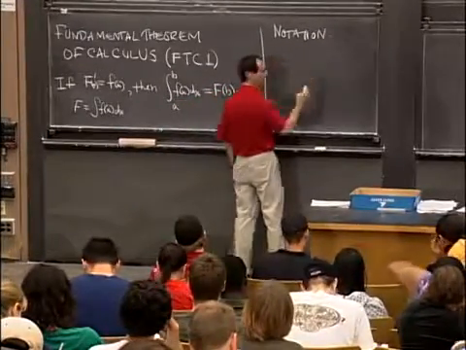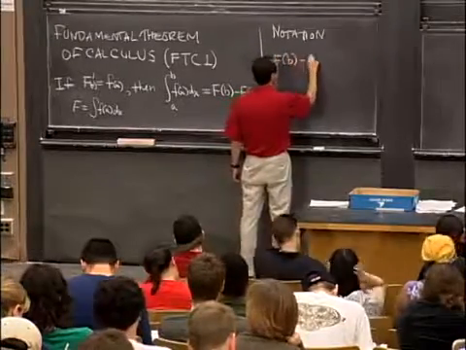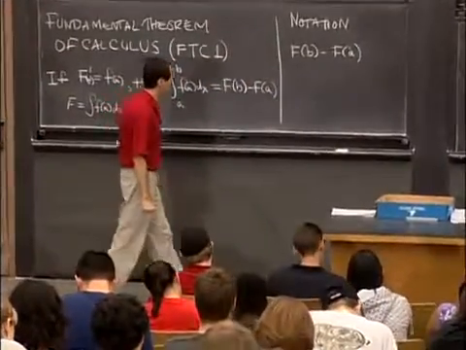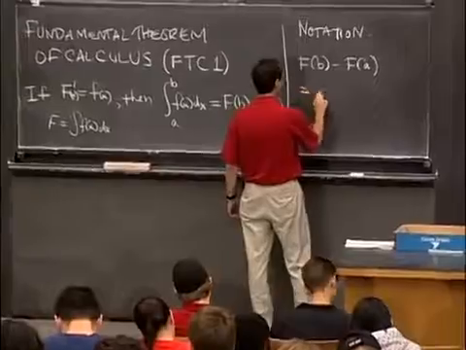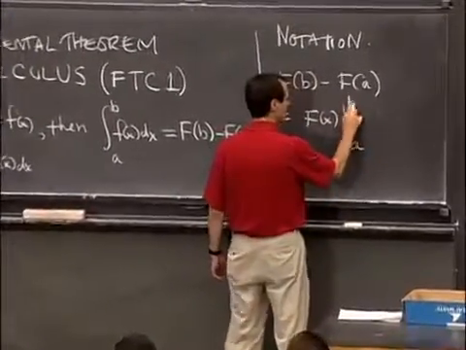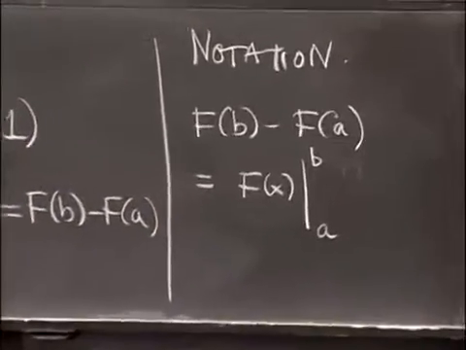For right now, there will be a lot of Fs, but anyway. Whenever I have a difference between a function at two values, I can also write this as F of x with an a down here and a b up there. So that's the notation that we use.